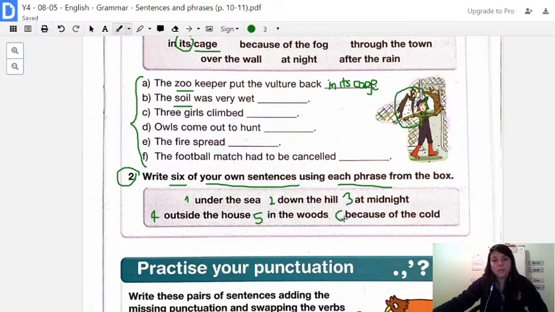And sentence number 6 with the phrase because of the cold. Okay? You have to create those with your knowledge. Whatever you think makes sense, that you can include these phrases to create your own sentences. Do it individually, okay? By yourselves. You are so smart that I trust that you can do this and much more.